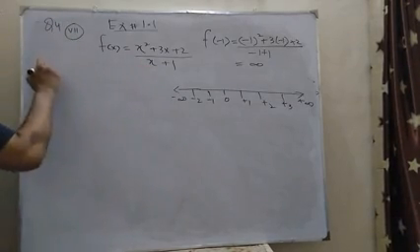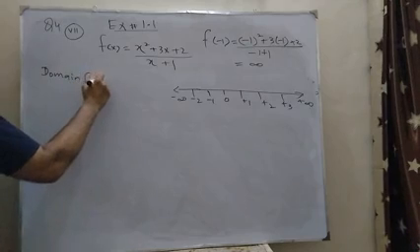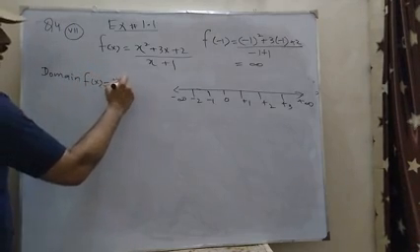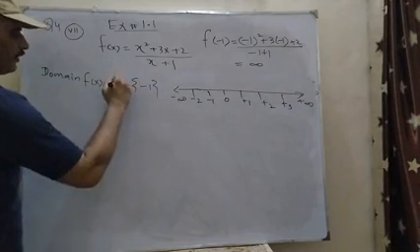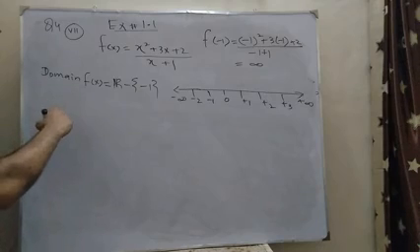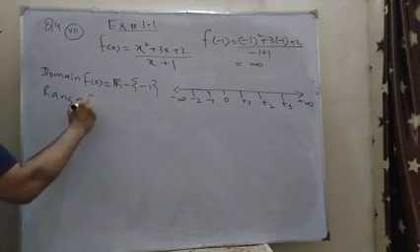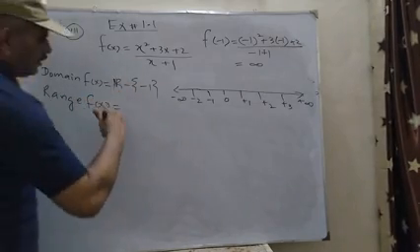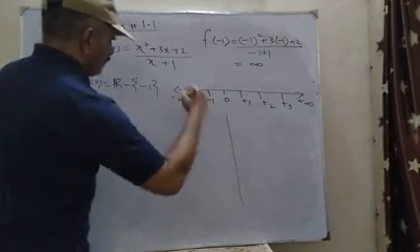So we avoid such values as domain for which the denominator becomes 0. So what will be our domain? Our domain of function will be all real numbers except minus 1. And in order to find the range of the function, there is a working involved in rational expressions.